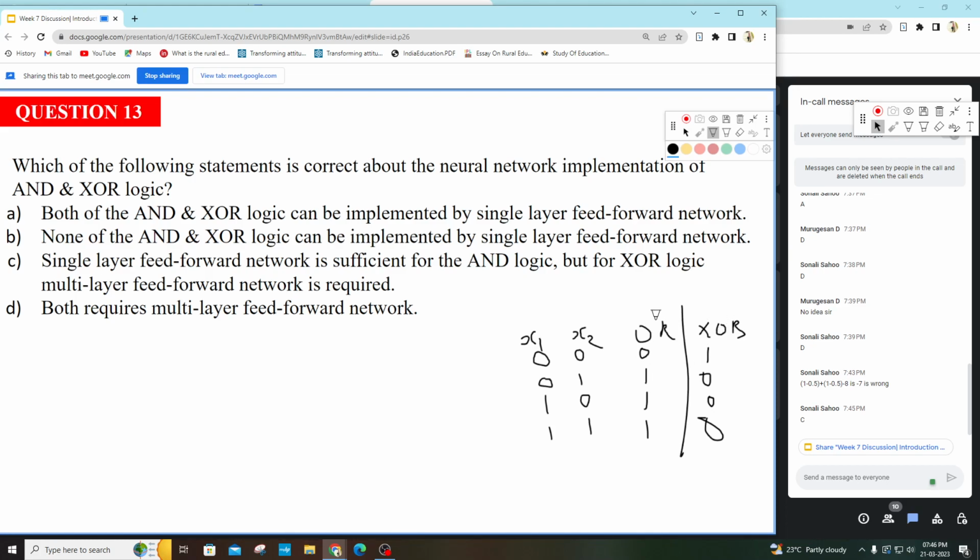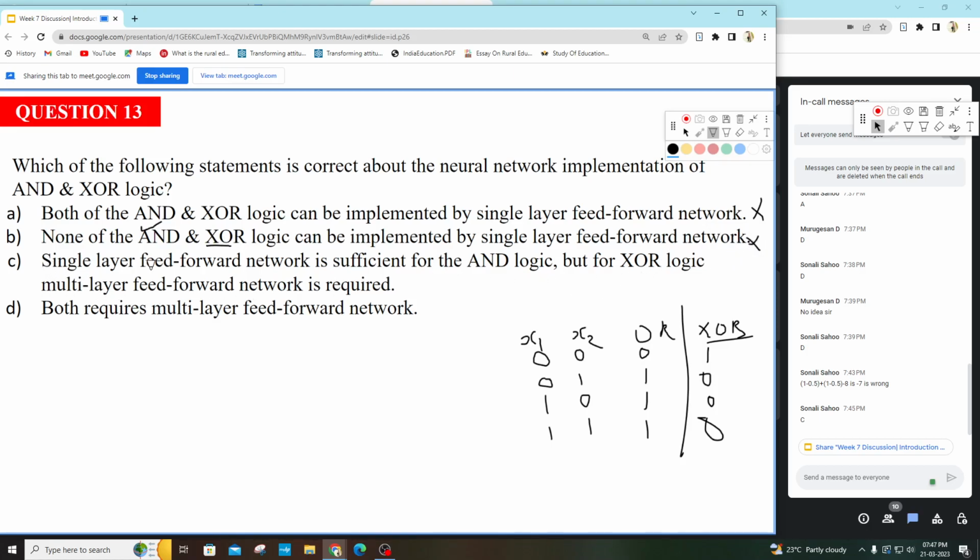Up to OR we can do it by a single layer feed forward network, but to find XOR we have to add another layer. So this is not correct. None of AND and XOR can be implemented by a single layer feed forward network? We know that AND can be, but XOR cannot. So this is also a false statement.